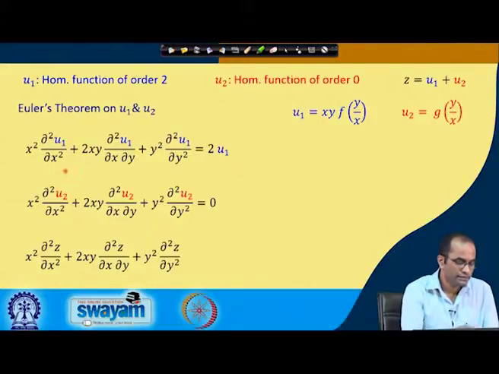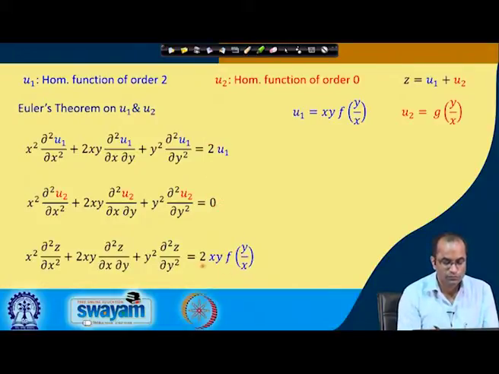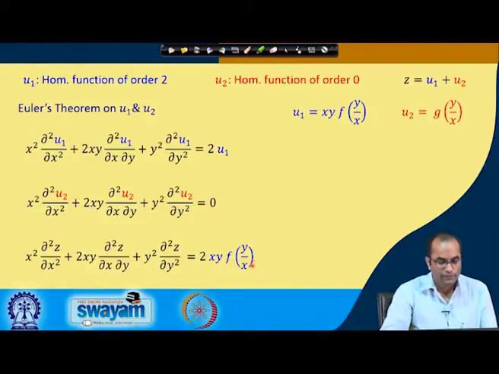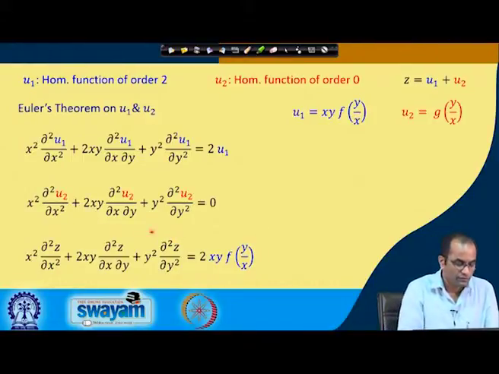So, if we add these two, we have x square times the second order partial derivative of u1 plus u2, which is z, equal to 2 u1 plus 0. So, we get only 2 u1, and u1 is xy f(y/x). So, we get this result: 2 times xy f(y/x).